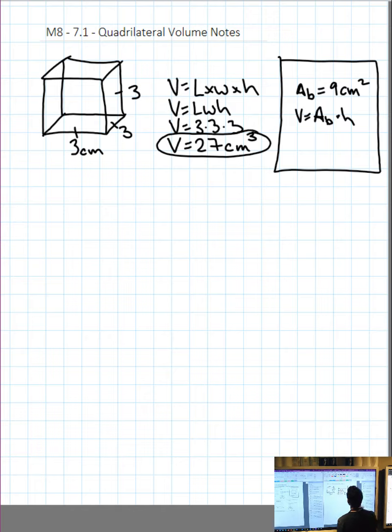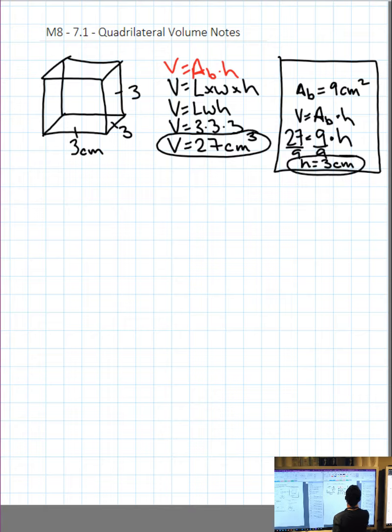The same formula that we used off to the left, I'm going to do that in red. V equals area of the base times height. Now, we know that the volume is 27. They gave us the area of the base, 9 times h. Then we're simply going to divide both sides by 9, and h equals 3 centimeters. Notice we already found that. I just wanted to give you another way that we can look at these things.